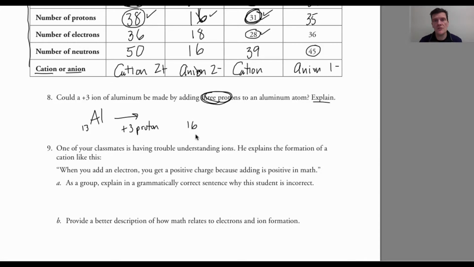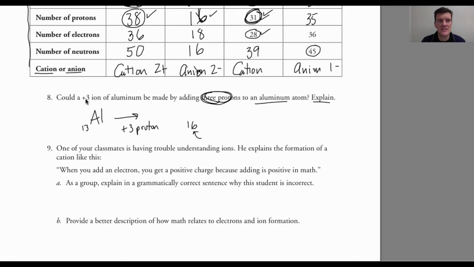That's no longer aluminum. That's a different element. If you look on your periodic table and find out which element has an atomic number of 16, you'll see it's not Al anymore. You can't change the number of protons and have the same element that you did before. That is a completely different element.